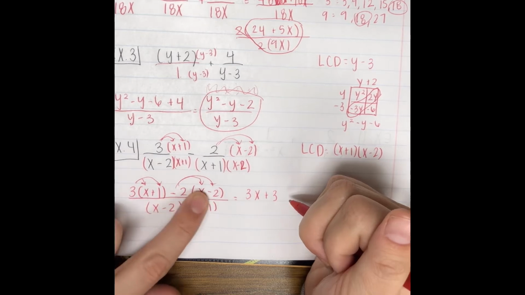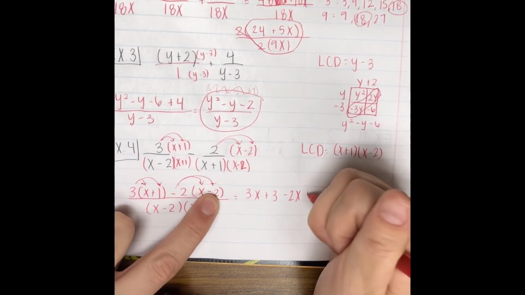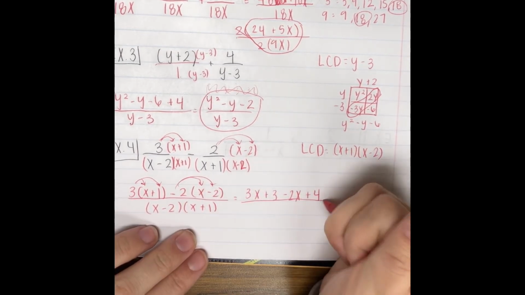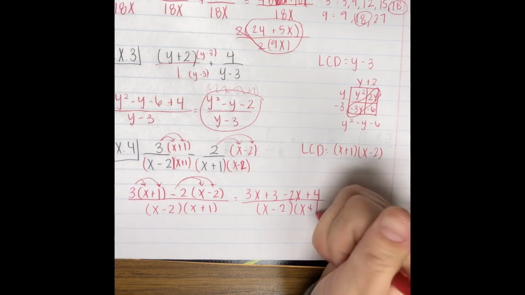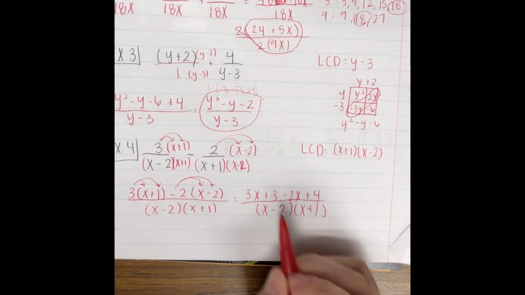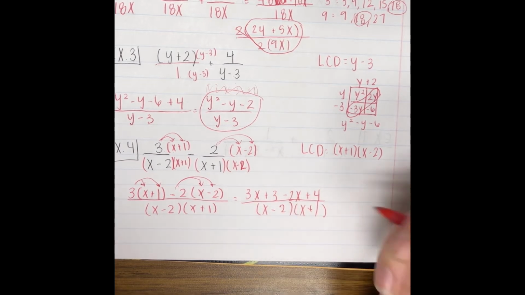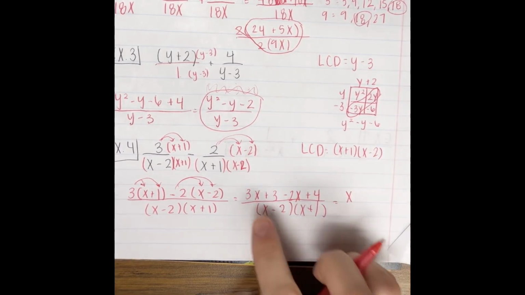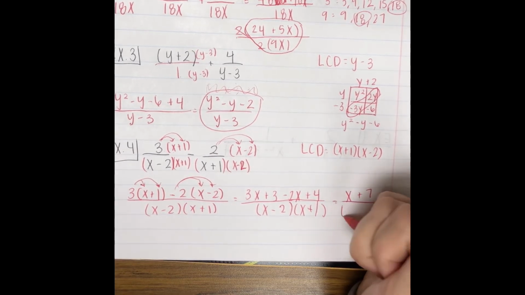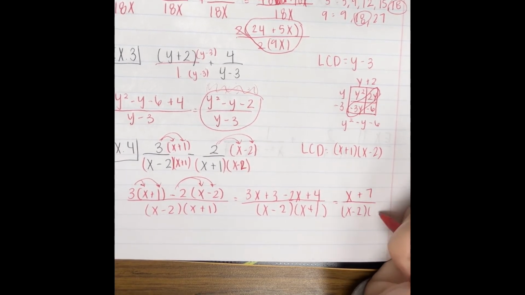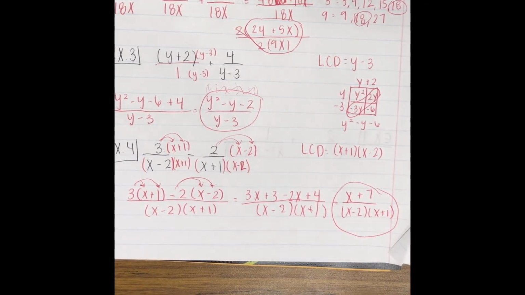And then negative 2 times x would be a negative 2x, and then negative 2 times a negative 2 would make a positive 4 over x minus 2 times x plus 1. Combining like terms, so 3x minus 2x will give me a 1x, and then 3 plus 4 would be plus 7 over x minus 2 times x plus 1. And that would be your final answer.